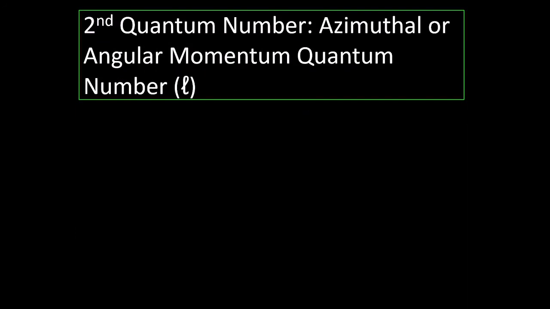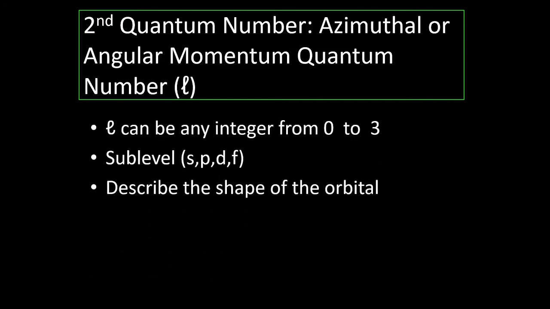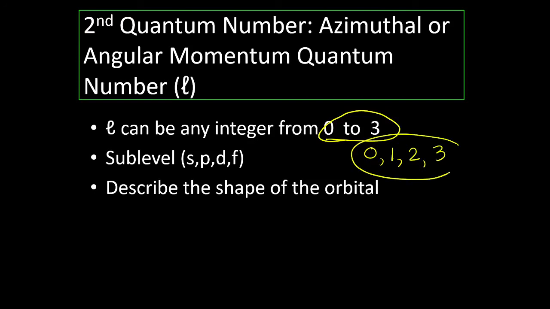Okay, let's continue. The second quantum number, another name for that is the azimuthal or the angular quantum number. Okay? Now, sir, unsa man ang angular quantum number? It's simply an integer from 0 to 3. Pwede siya 0, pwede 1, pwede 2, pwede 3. Mao ni mga answers aning atong second quantum number, the angular momentum quantum number.